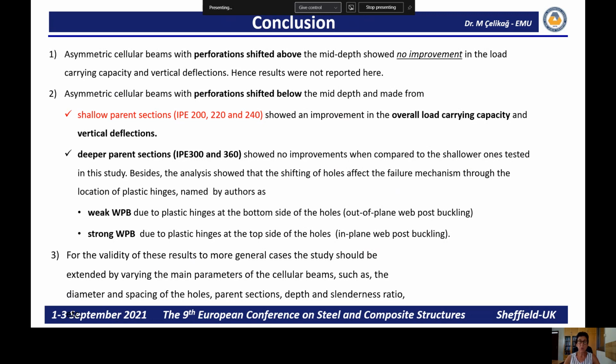Mid-depth showed no improvement in the load carrying capacity and vertical deflections, hence results were not reported here.